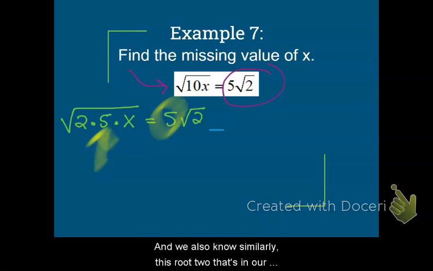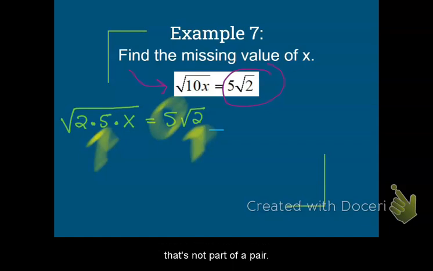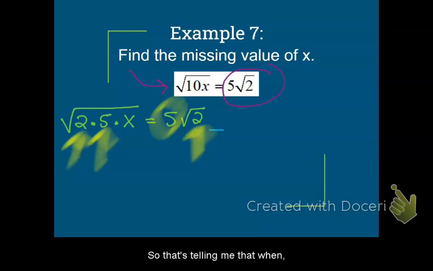We also know, similarly, that this root 2 in our answer tells me there has to be a 2 left over that's not part of a pair. So this 2 here is not going to be part of a pair, and when I break this up, I'm going to have a root 2 here.